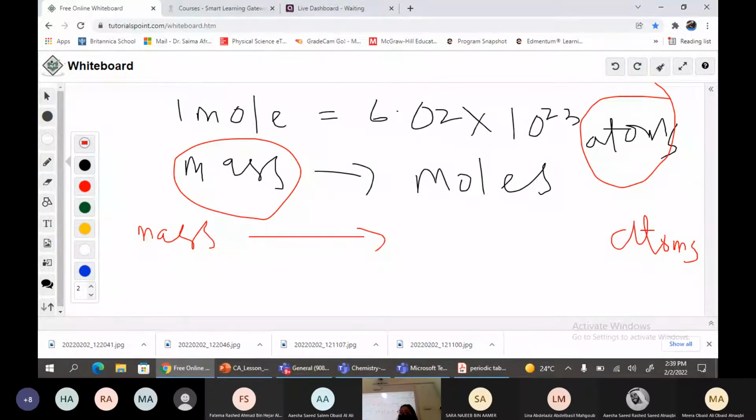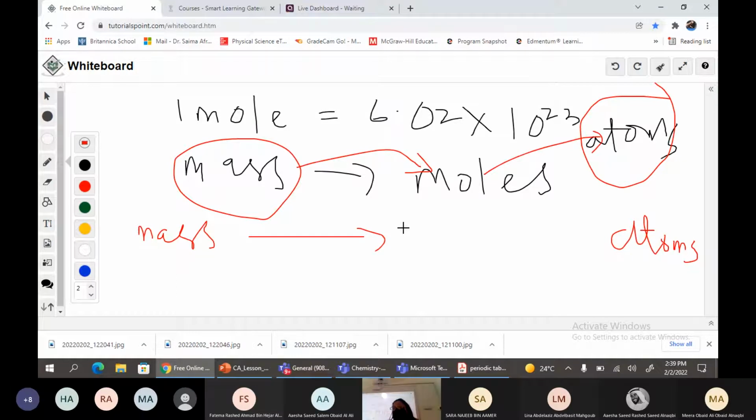Okay, Fatima Rashid, can you open your mic so I can hear you properly? First, we will change the mass to the moles. So Fatima said we convert mass into moles, yes? And then we convert mole to atoms. Okay, Metha? The solution is, for example, if you have a long flight and you want to go somewhere very far, like Africa, to go to a long destination, you usually take a stopover flight.